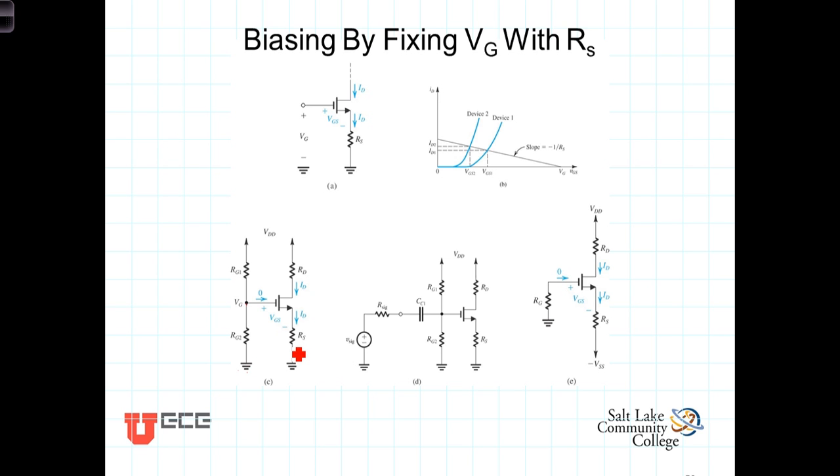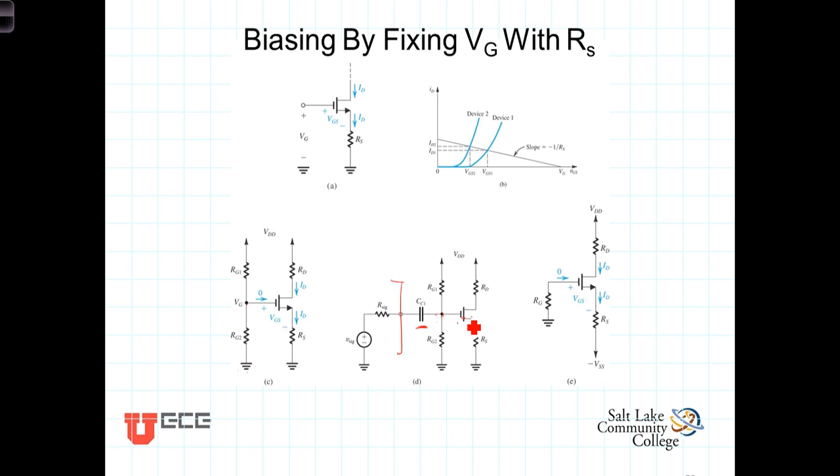Generally speaking, because the bias is not at ground but up above ground, a coupling capacitor is inserted between this stage and either the source or a previous stage, so that any DC component in the circuit ahead of our amplifier, which might impact the bias of our amplifier, is removed.